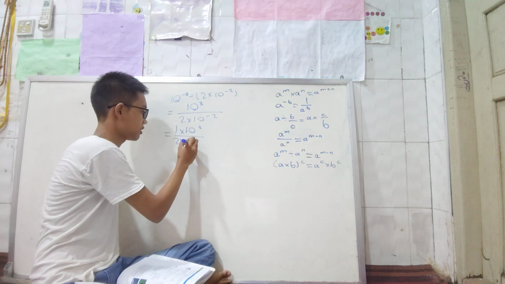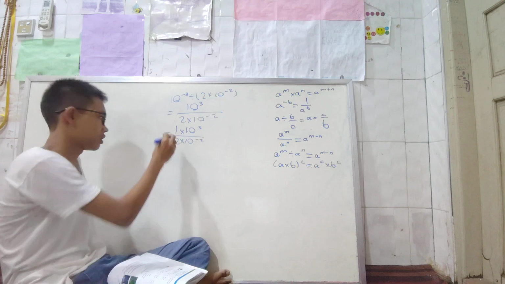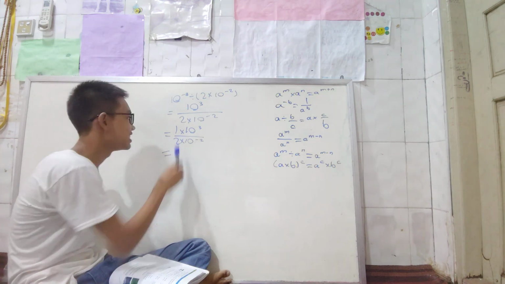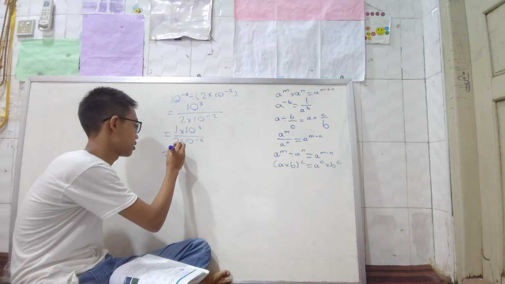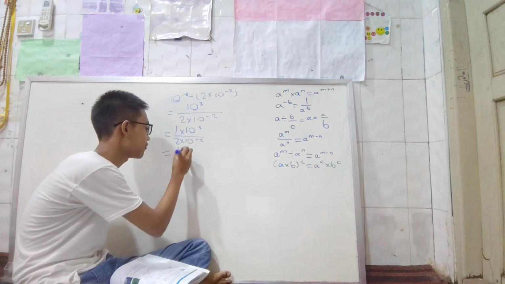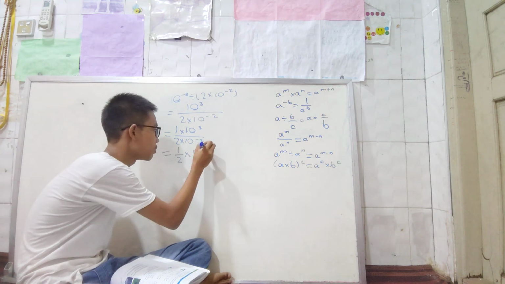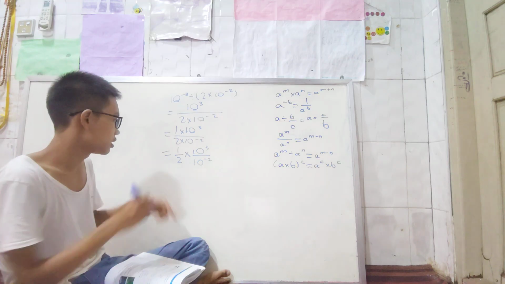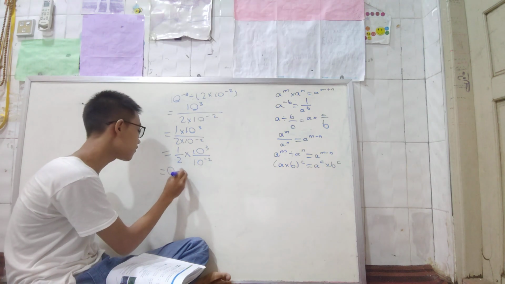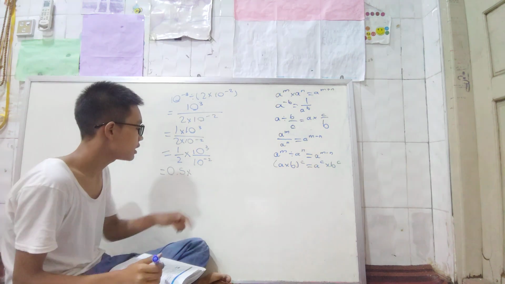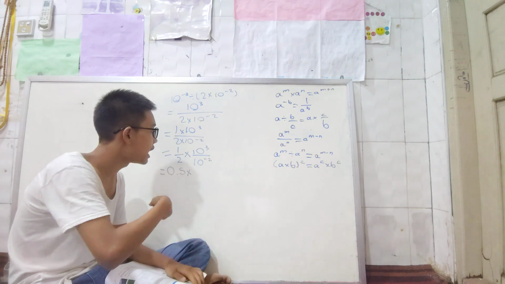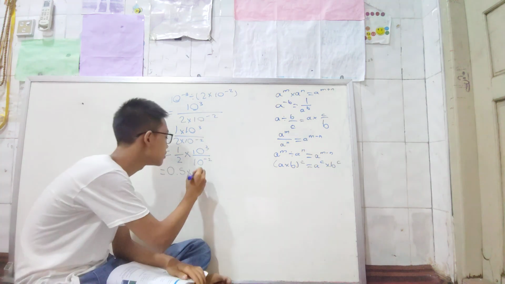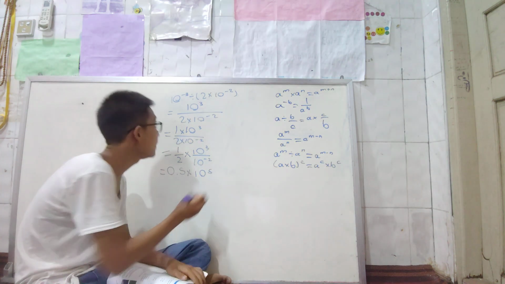Then 2 times 10 to the power of minus 2. And then we're going to split this up. So 1/2 multiplied by 10 to the power of minus 3 over 10 to the power of minus 2. I'm going to handle them separately. That's going to be 0.5 multiplied by, well, 3 minus 2. 3 plus 2 is 5.